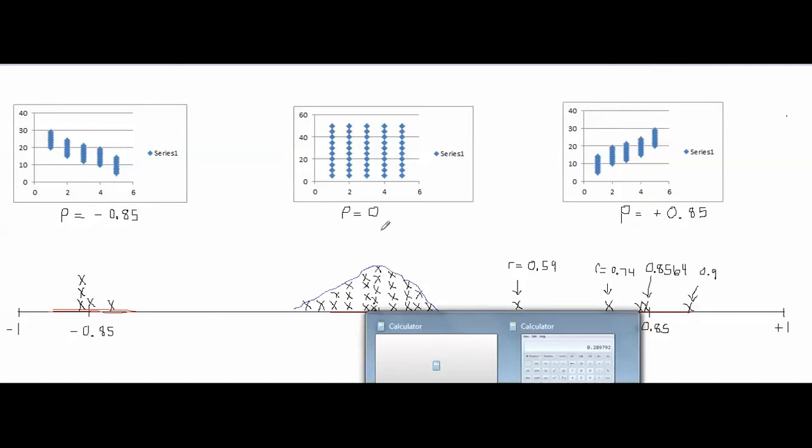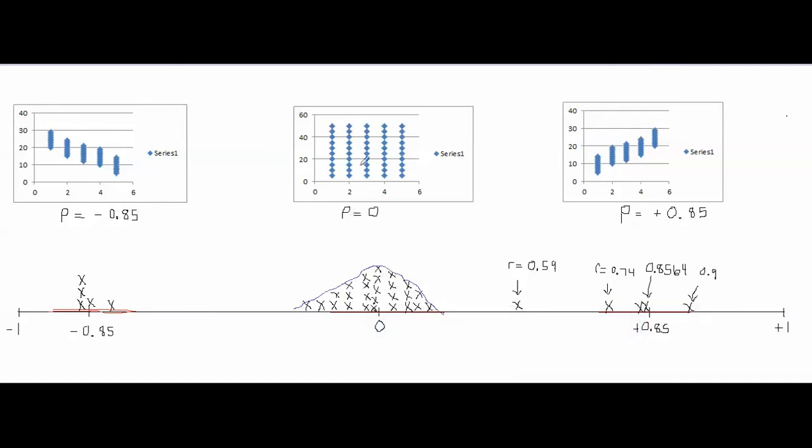If you keep on taking more and more random samples of 10 people from a population with no correlation, and you keep calculating the correlation coefficient of each sample of 10 people, this is what will happen.